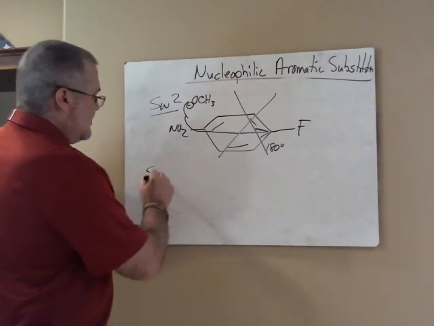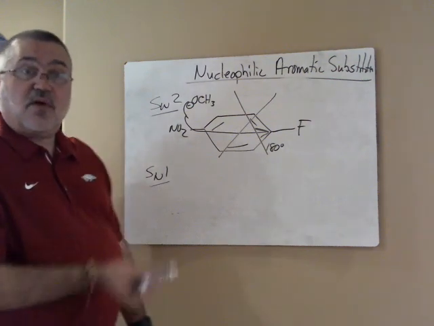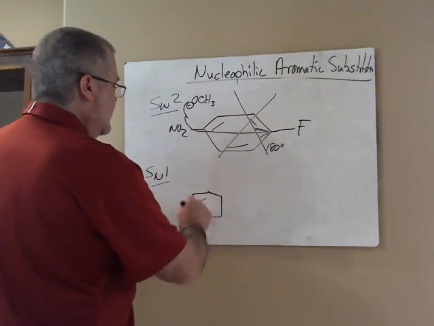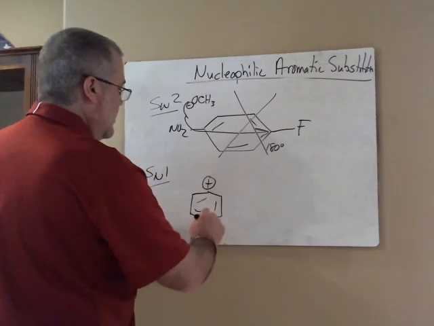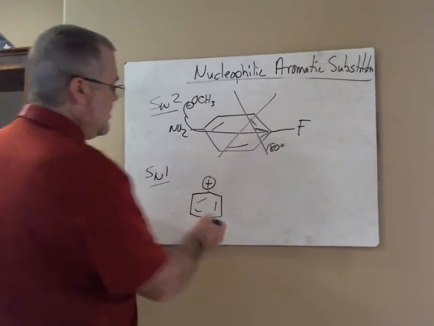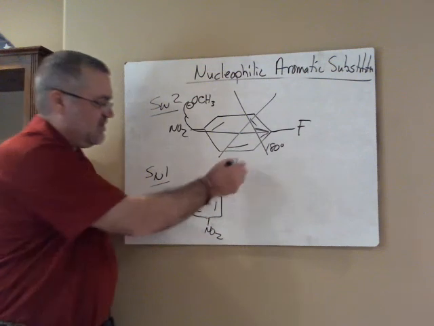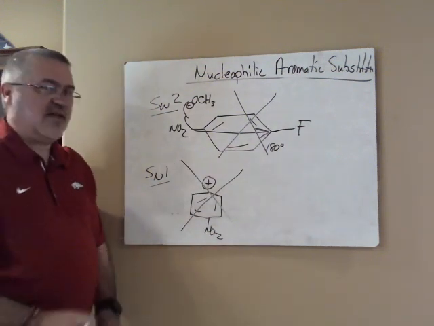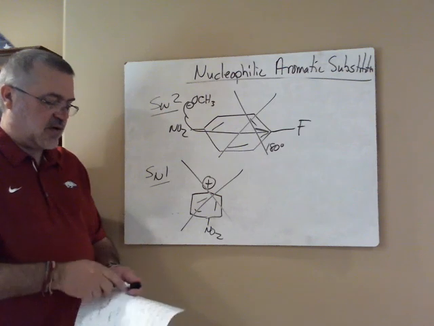The other possibility, well, maybe it's like an SN1 reaction. But for that to be the case, you'd have to spontaneously lose the fluorine and end up with some kind of carbocation like this. That's not resonance stabilized. That's not going to be how the mechanism occurs.